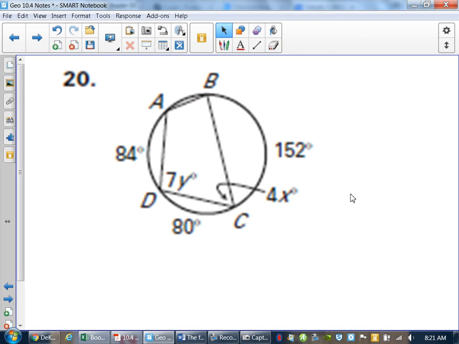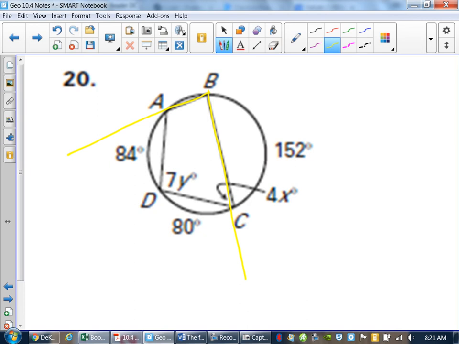So now if I start with angle B, angle B intercepts how many degrees? 164.